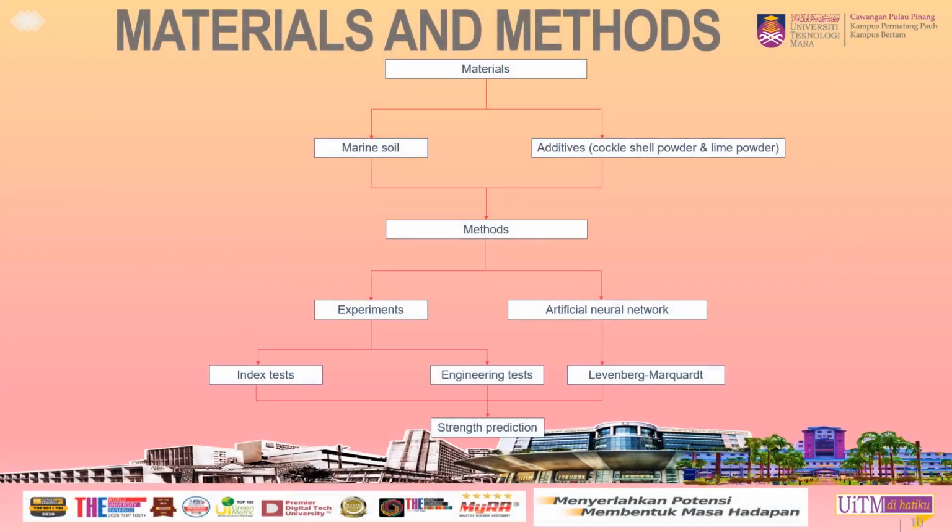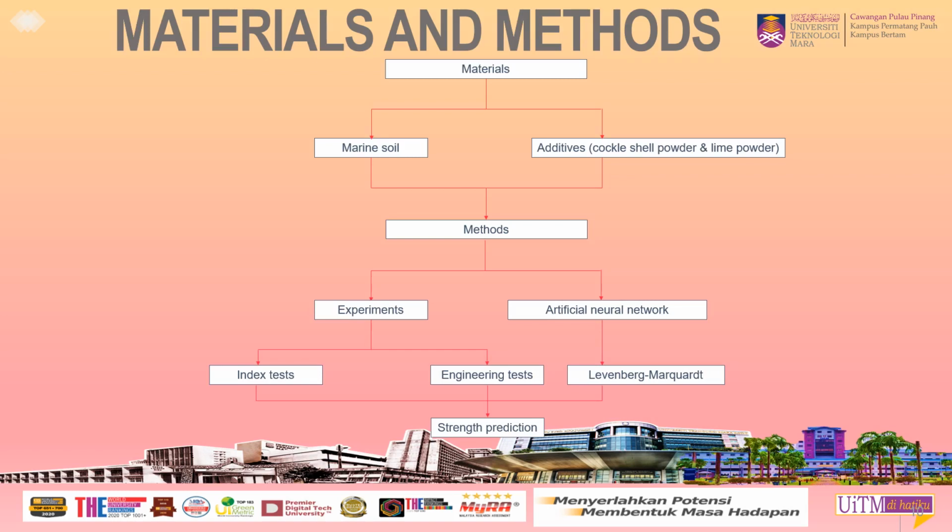Materials and methods. In this study, the material tested was marine soil, using the additives cockle shell powder and lime powder. In order to determine the properties of the soil, there were two methods involved.